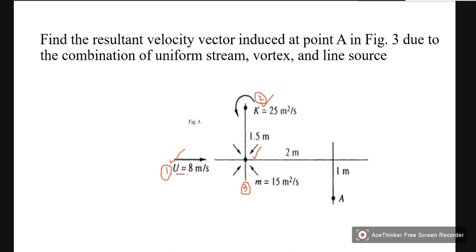The velocity of the uniform flow is given as 8 meters per second. The strength of the vortex is given as 25 meters square per second, and that of the source as 15 meters per second. Now you are given a point A. At this point, you are supposed to find out the velocity.